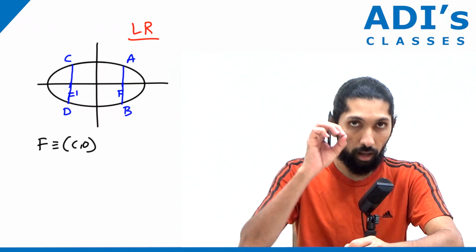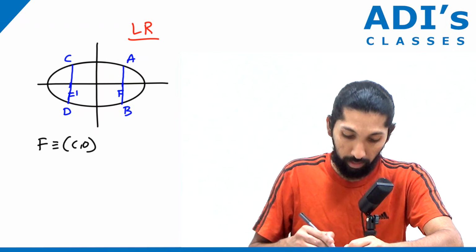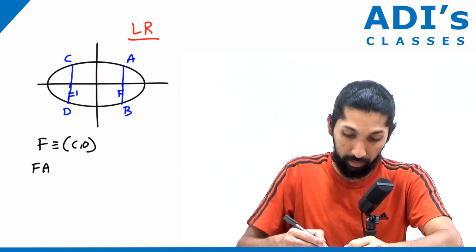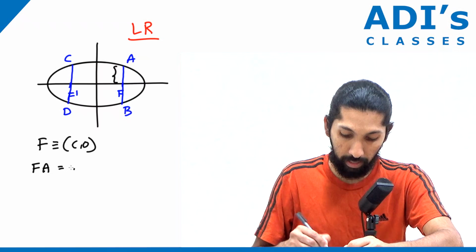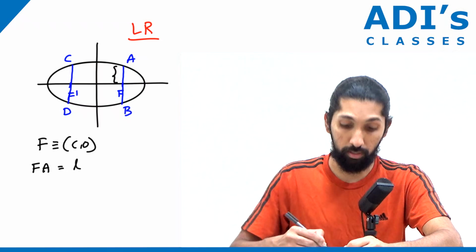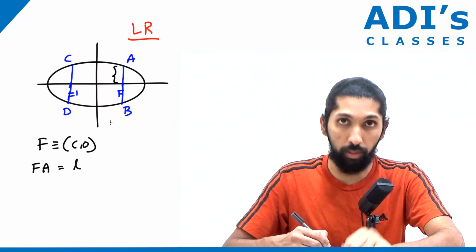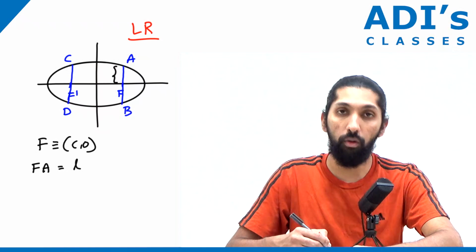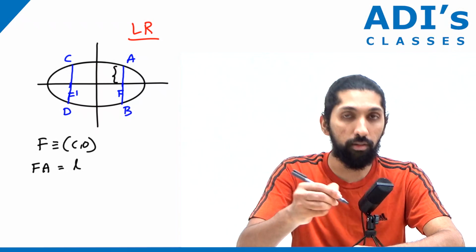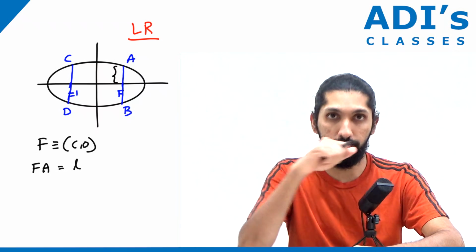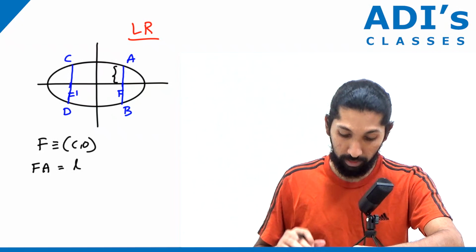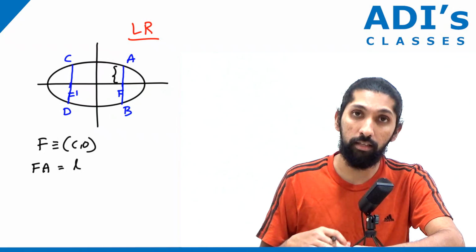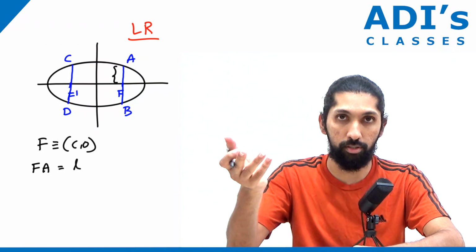Correct? Let's assume that FA, this distance, we call L. So AB becomes 2L because it is symmetric, isn't it? Since we are trying to calculate the total length AB, first let's calculate L so that we can just double it afterwards.